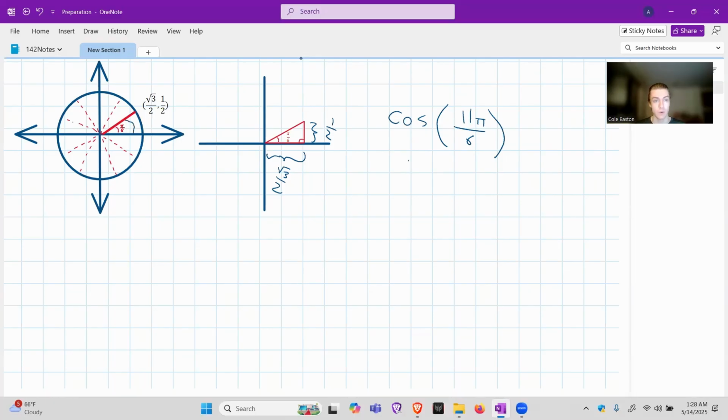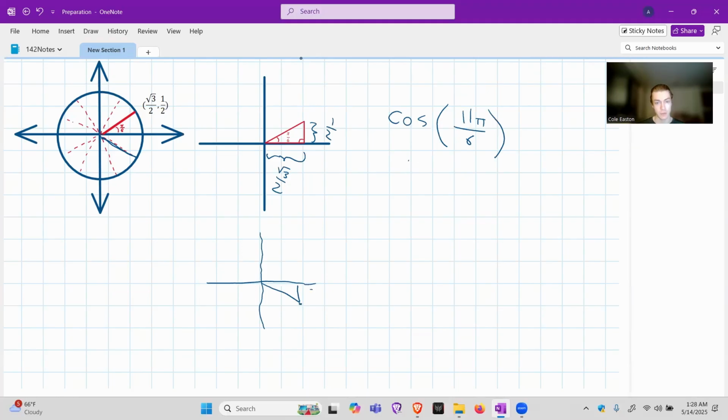So let's go 1, 2, 3, 4, 5, 6, 7, 8, 9, 10, 11. Okay. That turned into a circle, but we found out that we wanted this angle right here. Let's see if I can erase that circle. Okay. We got that angle right there. And so let's try to draw a similar kind of triangle picture. Let's draw our axes. And now we have a triangle that's right here.